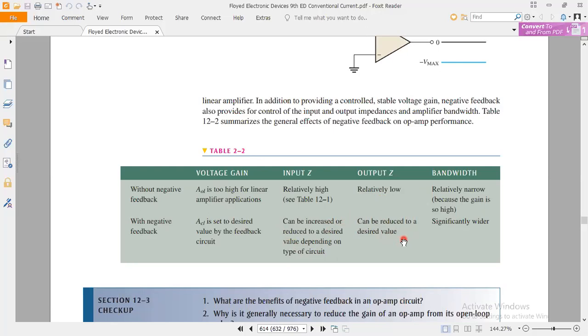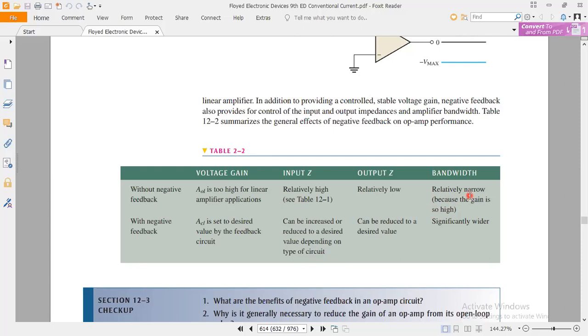Now, without negative feedback, the bandwidth is relatively narrow, because the open loop gain of an op amp is very high.